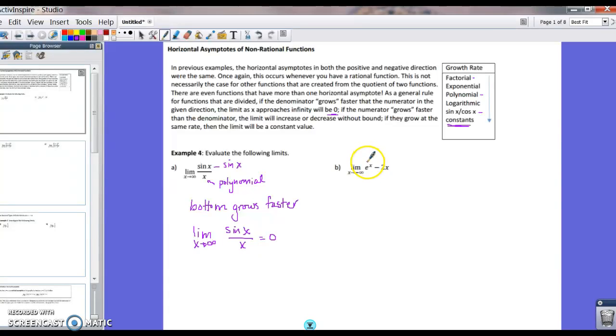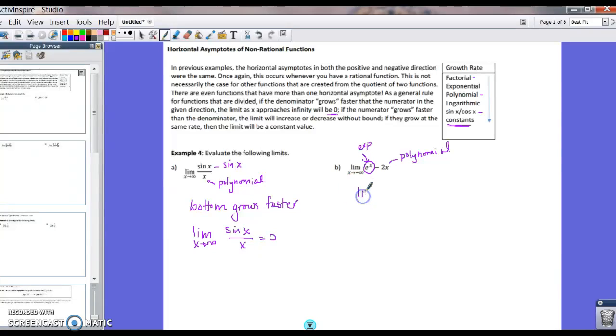This right here is exponential, e to the x. Anything with a variable in the exponent is exponential, okay? And this would be polynomial. So exponential is going to grow faster than the polynomial. So this is the one we're going to be most concerned with.